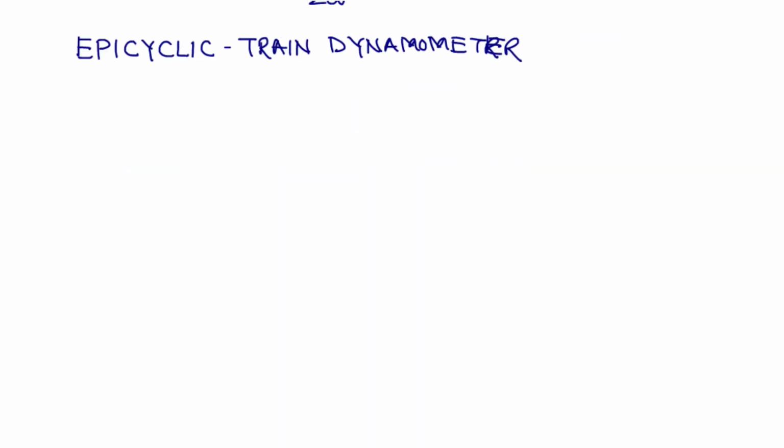The epicyclic train dynamometer is another transmission type of dynamometer. First we draw the diagram.